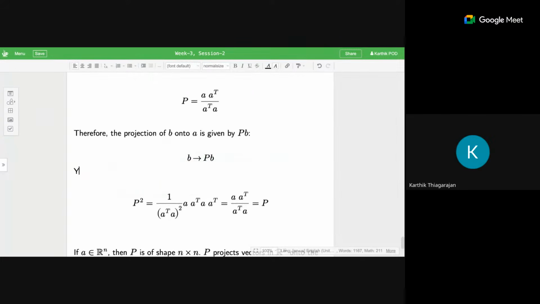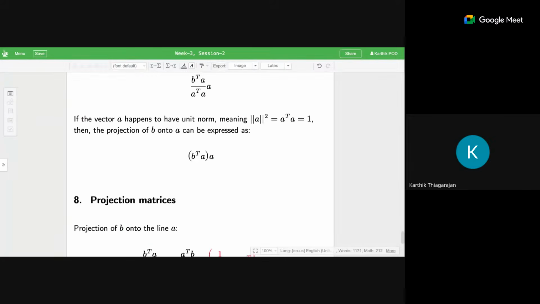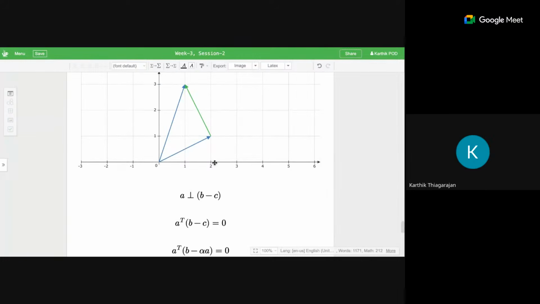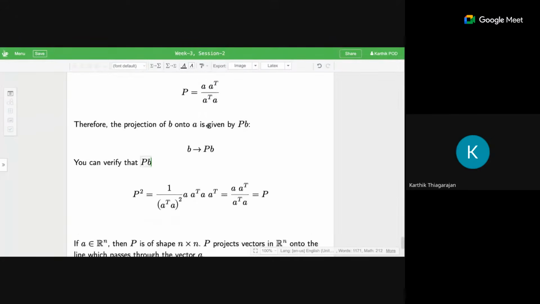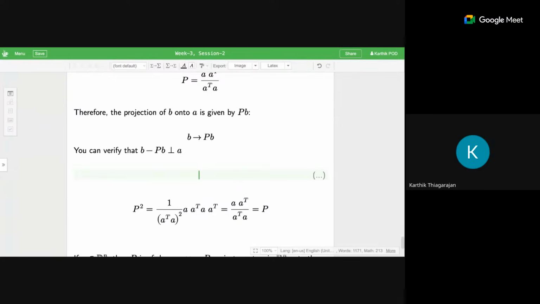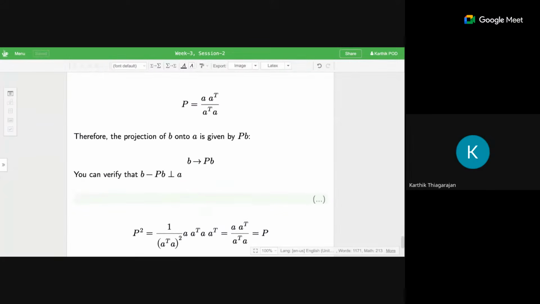You can also verify that if you subtract the projection from B, you should get something perpendicular to A. So it has to be true that B minus PB is perpendicular to A. PB is just A transpose B by A transpose A, and B minus PB will be this.